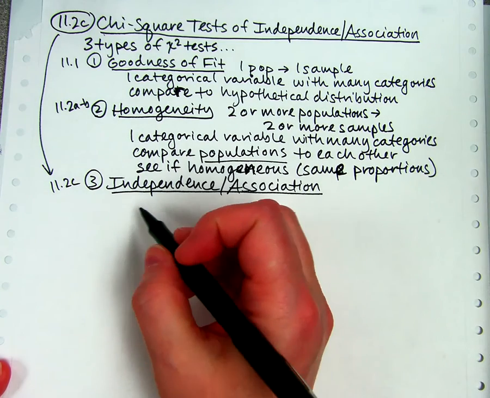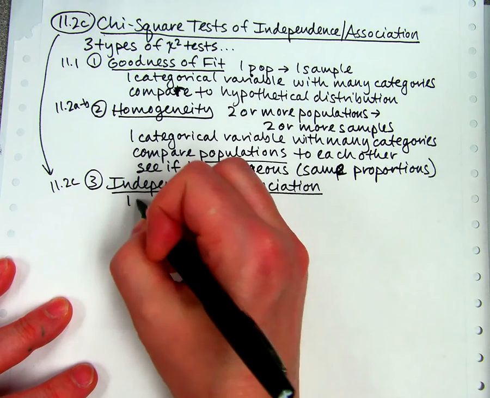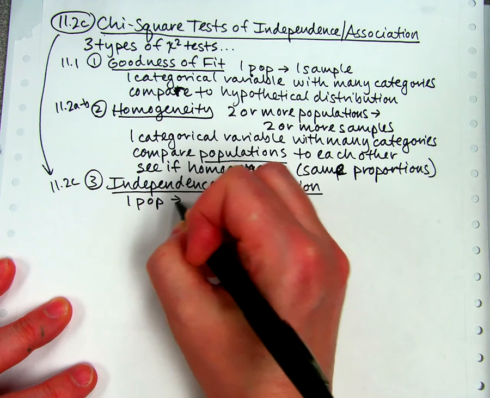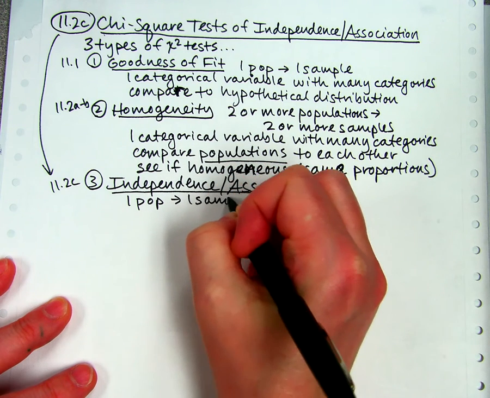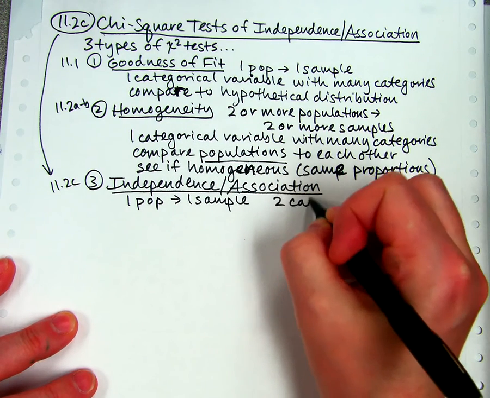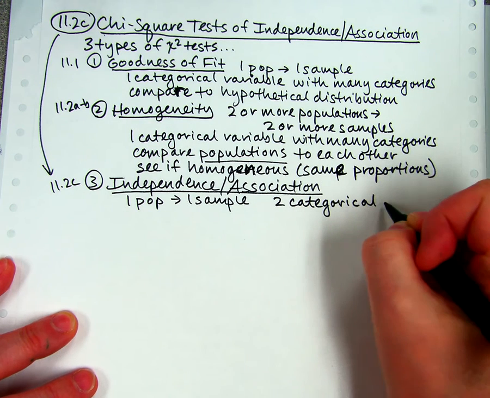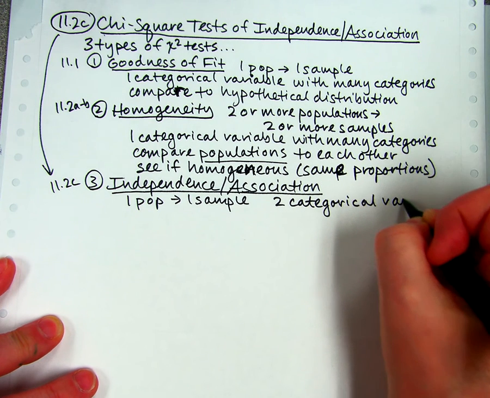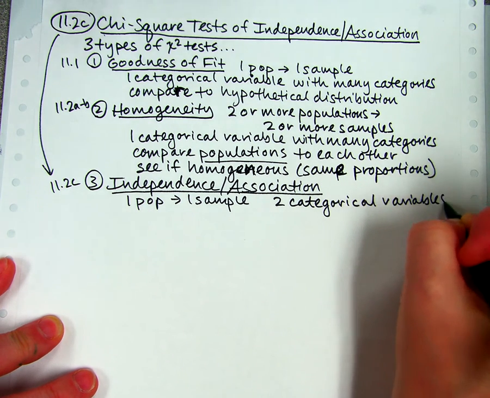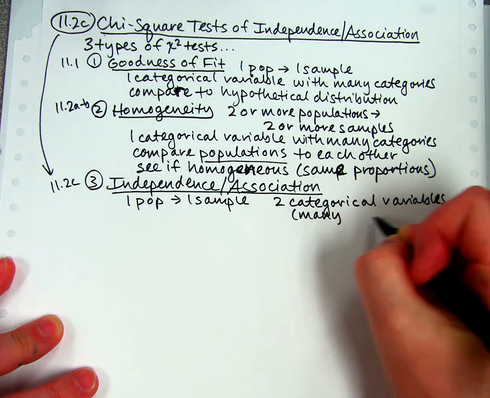And so what we do with independence is we go back to only one population and one sample. But now we allow ourselves to have two categorical variables, and we're comparing the variables instead of the populations. And those two categorical variables can have many categories in each. That's not a problem.